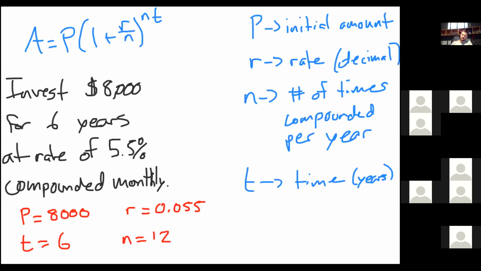So now I just plug this into my formula to get the total amount that I'm going to have after 6 years at this rate, investing 8,000. This will be 8,000 times (1 plus 0.055 over 12) to the power of 12 times 6.